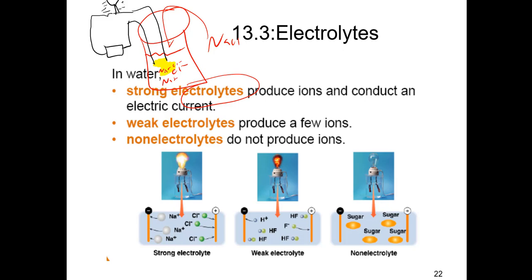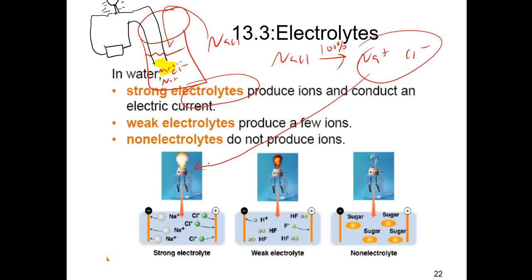But bottom line is, if you ever have an ionic compound and it completely 100% dissociates into ions, then we have a maximum conductivity. It'll conduct electricity, and therefore you'll have a really strong current going through. So therefore it's a strong electrolyte.